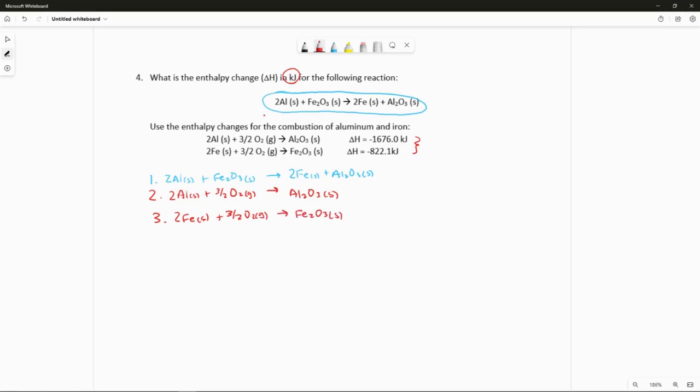Our delta H for the first one is going to be negative 1676 kilojoules, and our second one is going to be negative 822.1 kilojoules.